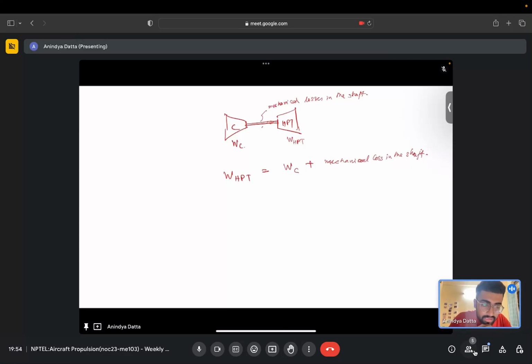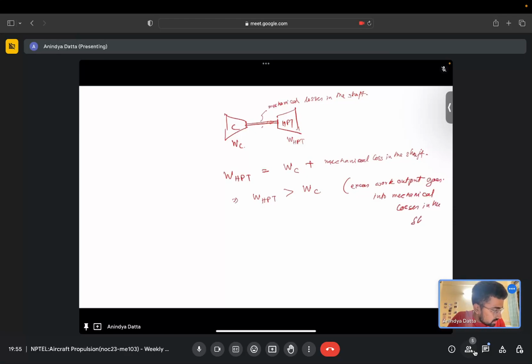The work done by the high pressure turbine has to be greater than the work required by the compressor, and the excess work output goes into mechanical losses in the shaft.